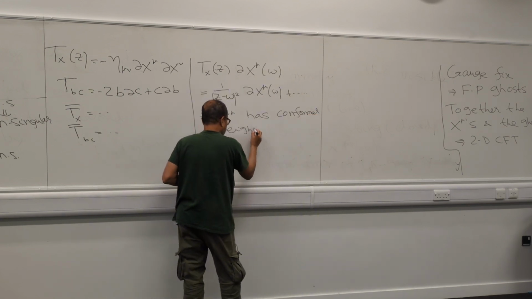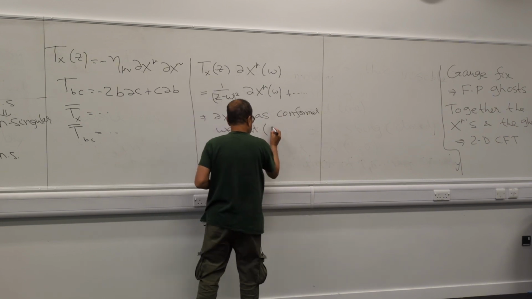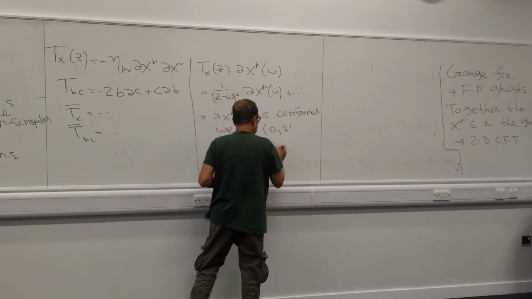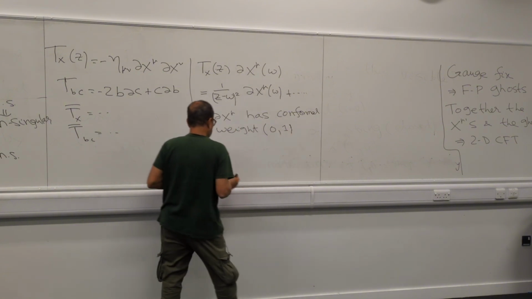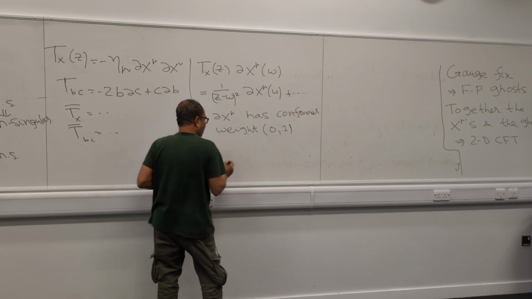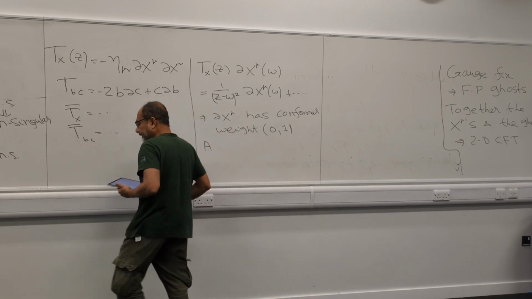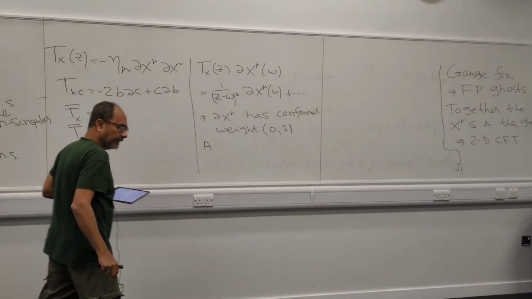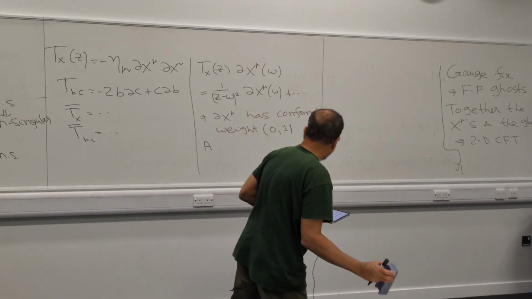Here I have to use a notation. I will call this 0, 1. These two basically label the anti-holomorphic and holomorphic conformal weights.